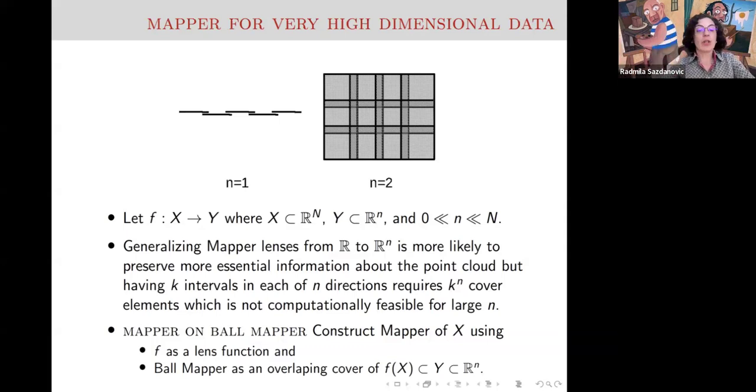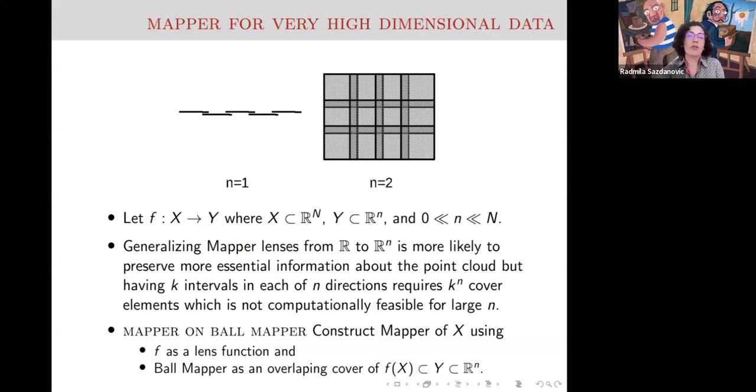If you wanted to generalize the mapper lenses from R to R^n to be more likely to preserve essential information, that's going to come at a huge computational cost. If you want K intervals in each one of the n directions, that gives us K^n cover elements, not very feasible.